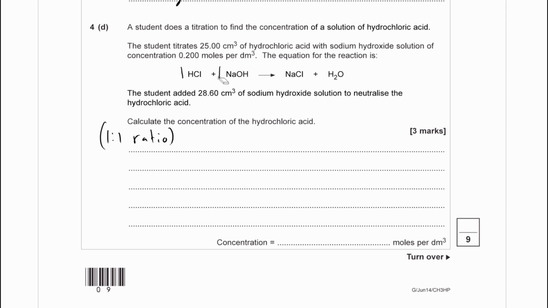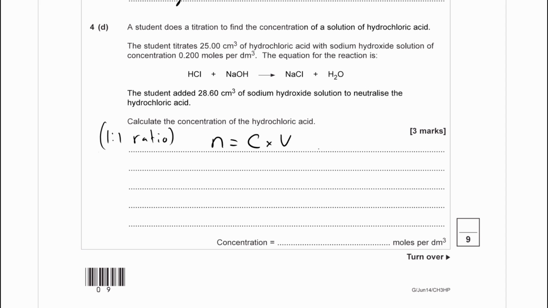Alright, if it was, for example, two sodium hydroxides, then it would be a 1-to-2, and we'd need to multiply or divide when we come to our question. But it's a 1-to-1, that's fine. So what we need to do is equate the numbers of moles. Not the concentrations, not the volumes, the numbers of moles. Now, number of moles is equal to concentration times volume.